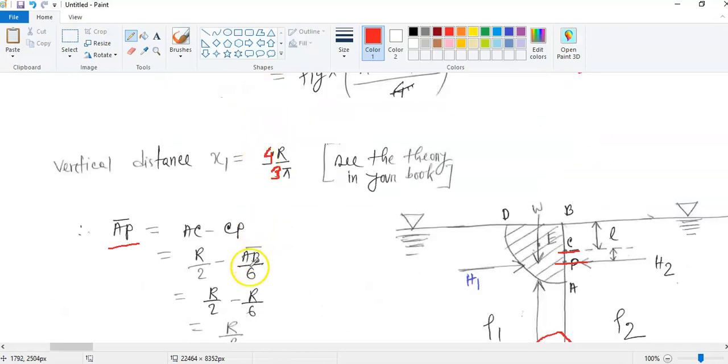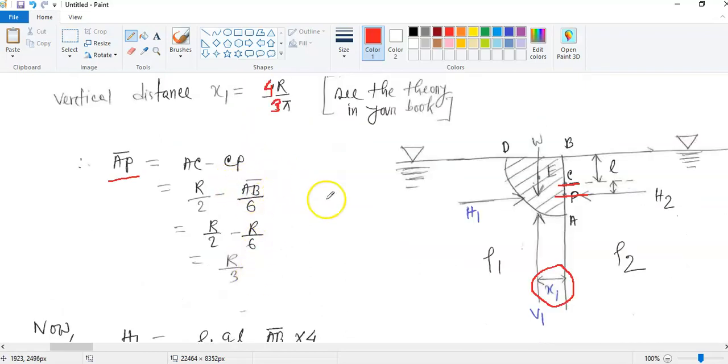We know AB is equal to the radius r, so we can replace AB with r. So we just substitute this value and we get AP equal to r over 3.